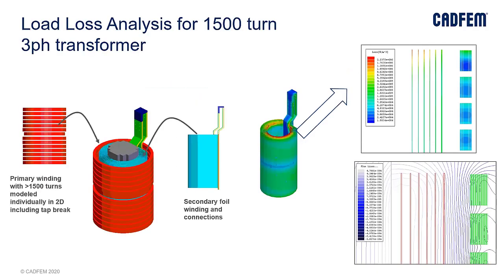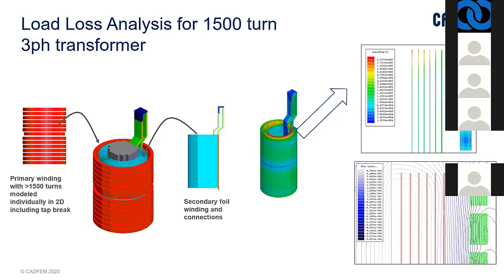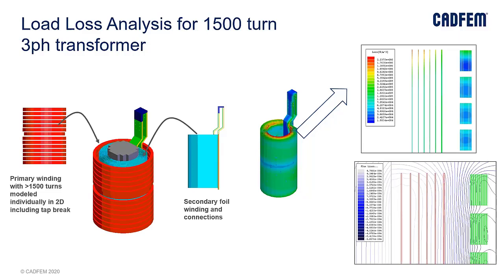And on the load cases, there are a few more things we can do. When you say transformer analysis, the people who work on transformers day in and day out will simply ask: can we model the complete number of turns? To be frank, that is a really challenging task in simulation, because modeling a higher number of turns leads to meshing issues.